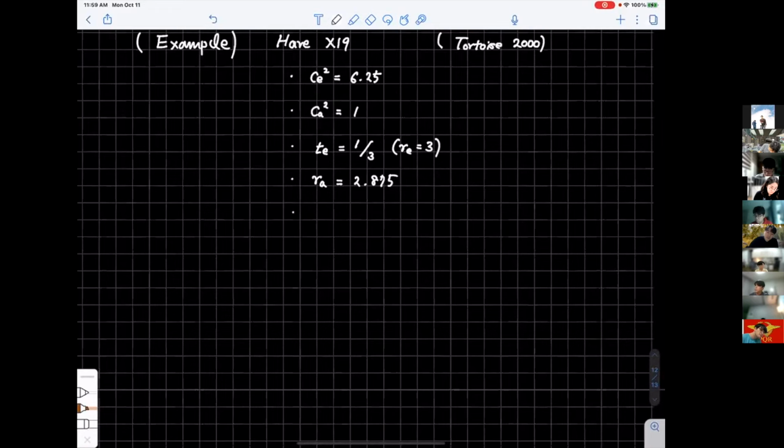So we can calculate U easily. If we put this value and this value into this equation, the result is 0.9583 here.